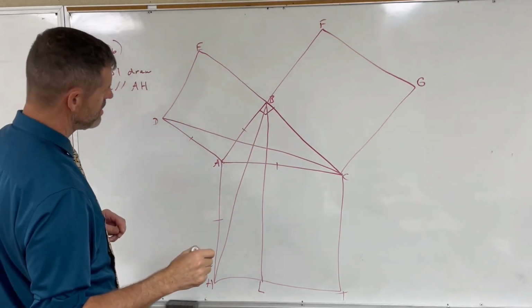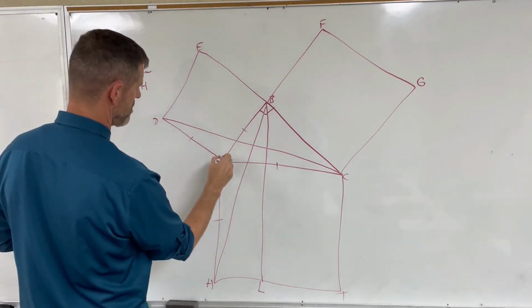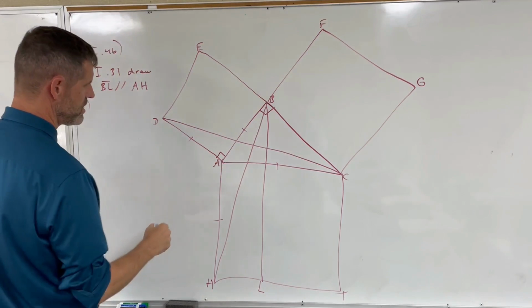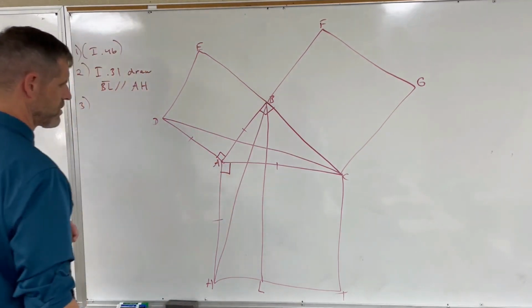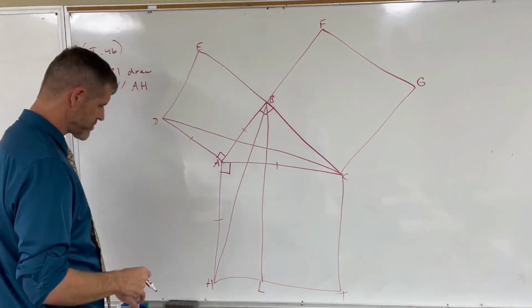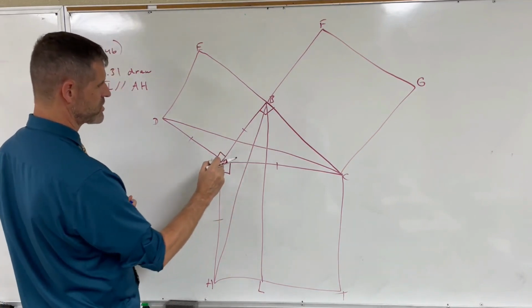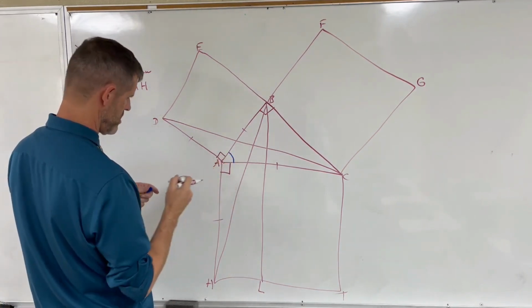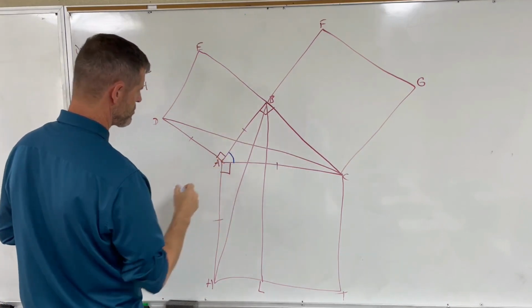We also know that this angle in this square is equal to a right angle, and this angle in the larger square is also equal to a right angle. So then he uses Common Notion 2, which says equals added to equals make equals. He adds the blue angle, angle BAC, to both of the right angles.